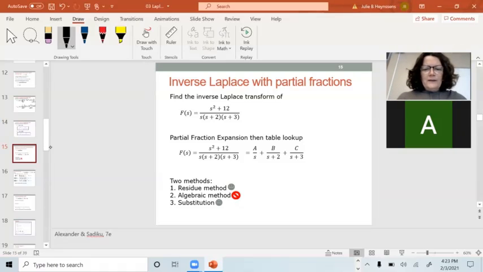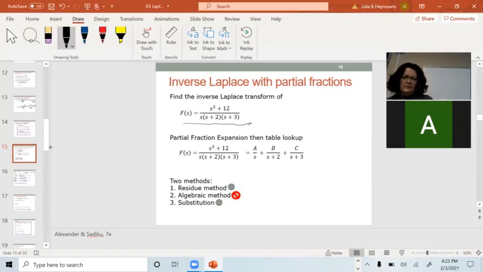If you want to find the inverse Laplace transform of something where the denominator has a bunch of terms factored out, there's nothing in the tables that looks like that. You could probably find a calculator online that would give you the answer, but you wouldn't really know how you got there.